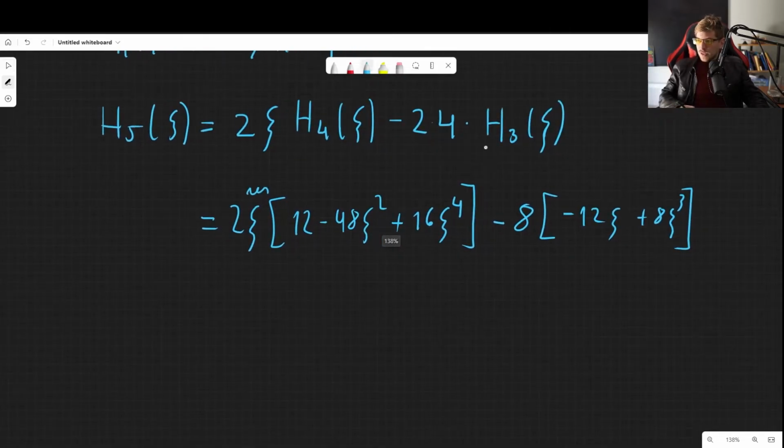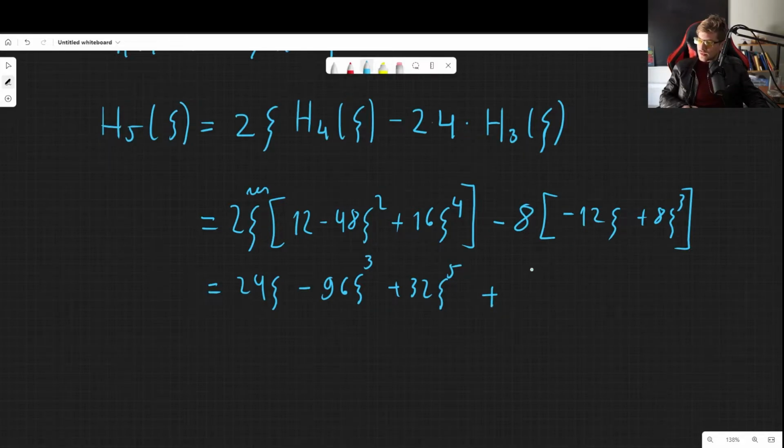Okay, so let's multiply. So multiplying, we get 24 psi minus 96 psi cubed plus 32 psi to the 5th power, then plus 8 times 12, which is 96 psi, and then minus 8 times 8, so we get minus 64 psi cubed. So now let's add everything together. So 24 plus 96, that's 120.